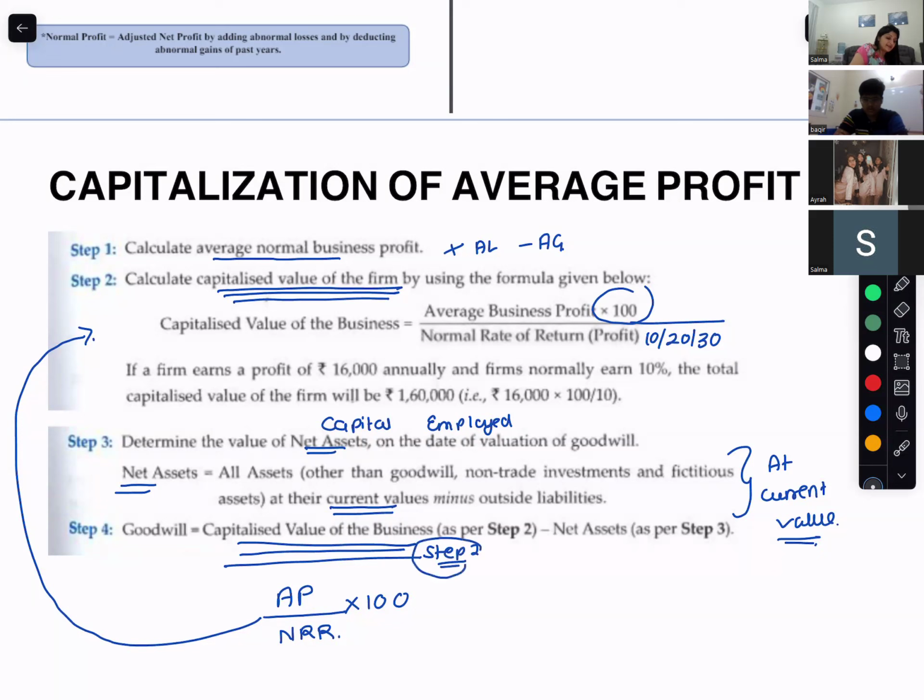So capitalized value of the business minus your capital employed or your net assets, you will get goodwill as per capitalization of average profit. I'm giving you time. Write the steps, memorize the steps, and we'll do some sums.